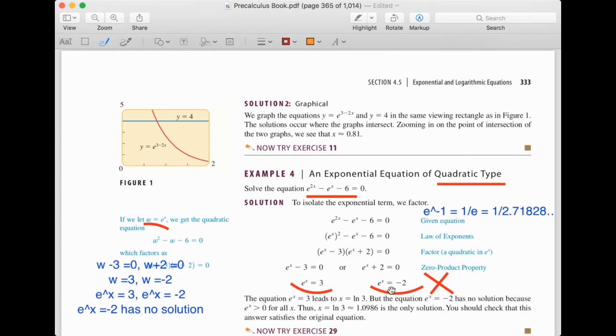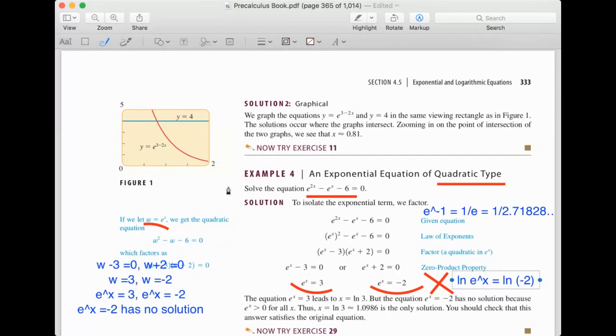If we write in log form, let's write in log form. So we write ln e to the x equals ln of negative 2. Let's see what's wrong with this. Remember, what is the domain of ln?